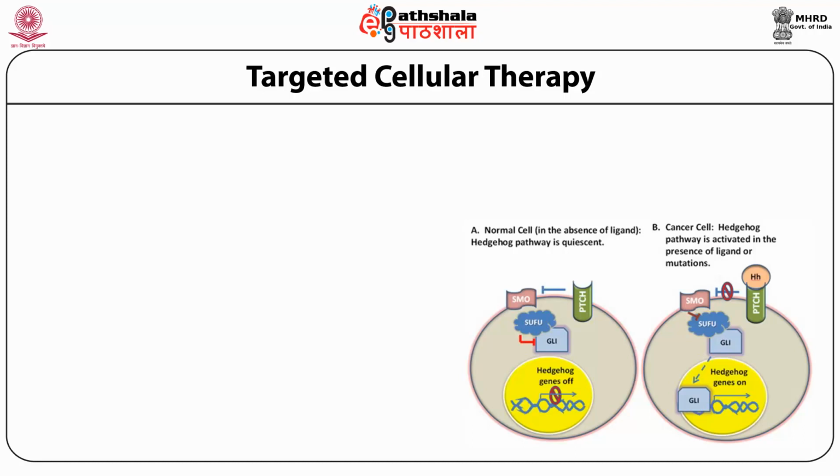I will give you an example here: if we can combine two different growth factors, where one growth factor is targeted and manipulated, then by combining the two we can reduce the tumor cell mass. Combining a human epidermal growth factor receptor type 1 inhibitor with another growth factor inhibitor, we can use it as a targeted cellular therapy.